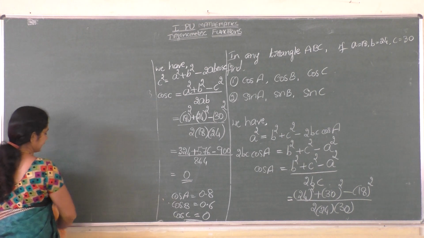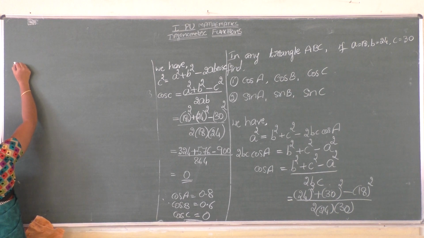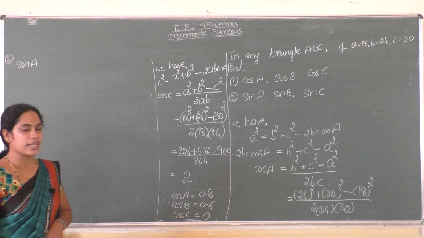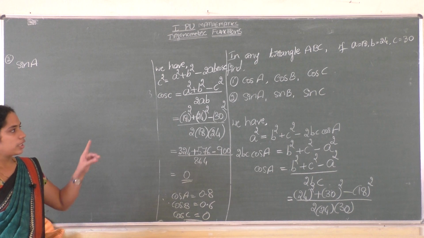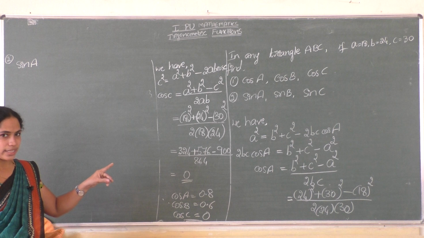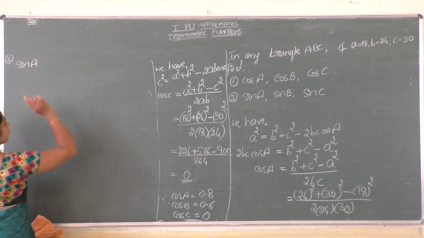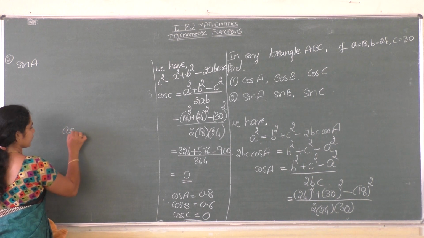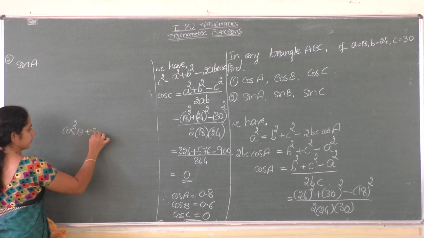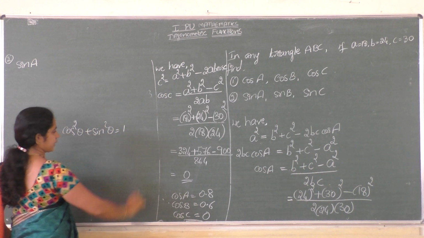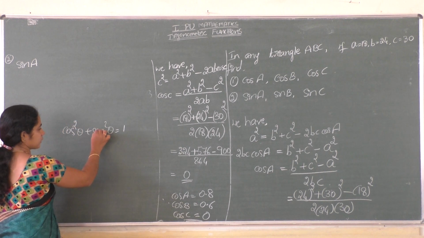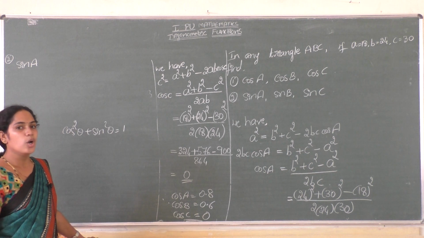Second problem. We have to find sin A. How can we find sin A? To find sin A, we have cos A, correct? What is the formula we have? Cos square theta plus sin square theta is always equal to 1.